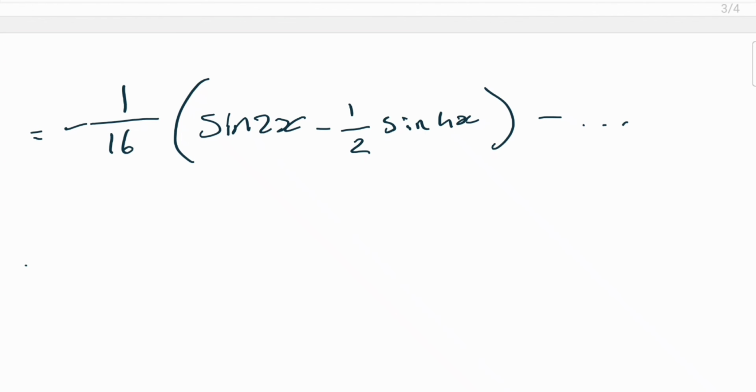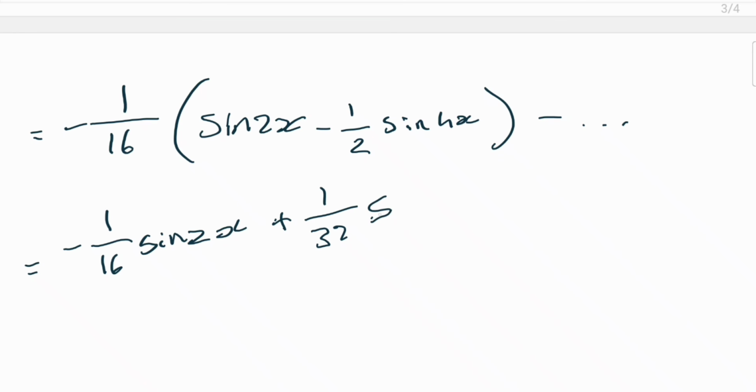So this is going to equal negative 1 over 16 sine of 2x, plus, because negative multiplied by a negative is positive, 1 over 2 times 1 over 16, and that is 1 over 32 sine of 4x.